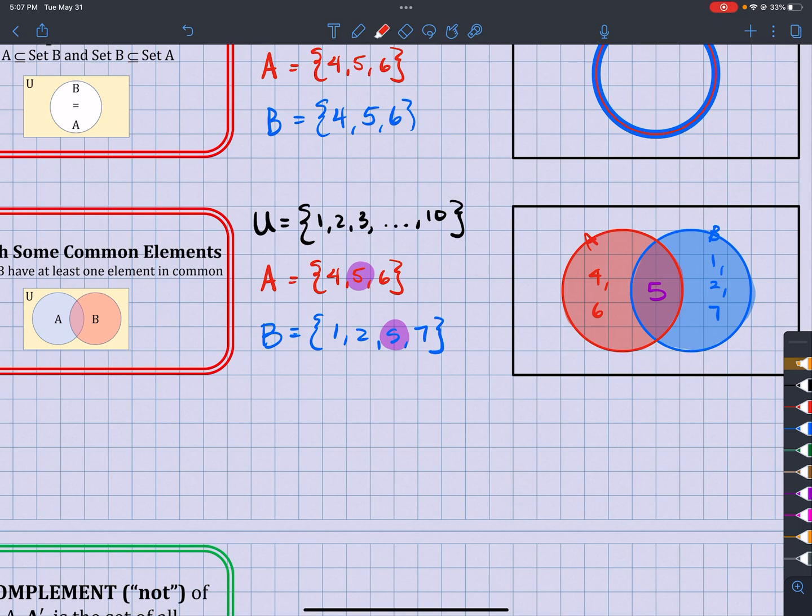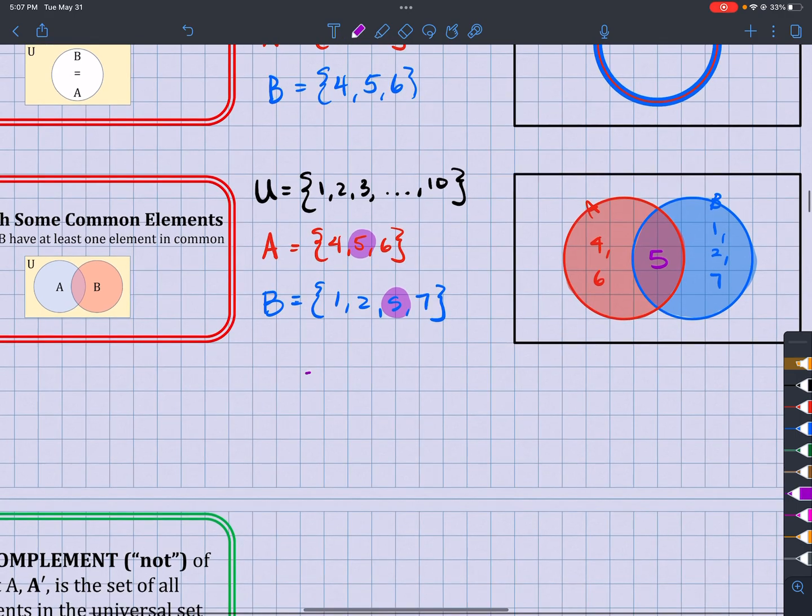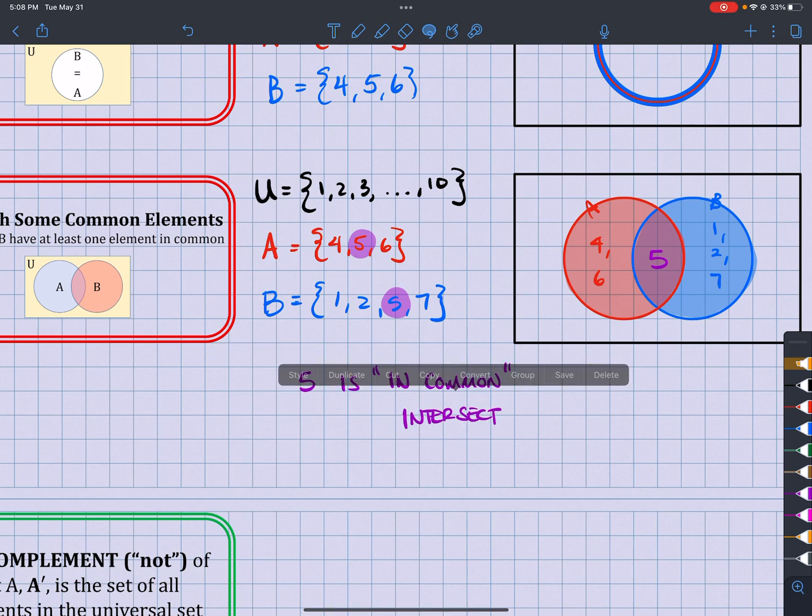Next, just so you guys know, we know that 5 is in common, right? This is where we use the word intersect, okay? Intersect means what's in common. So intersect, the way I use it is, it's kind of like when two people meet and they want to date each other, is that because they intersect with each other.